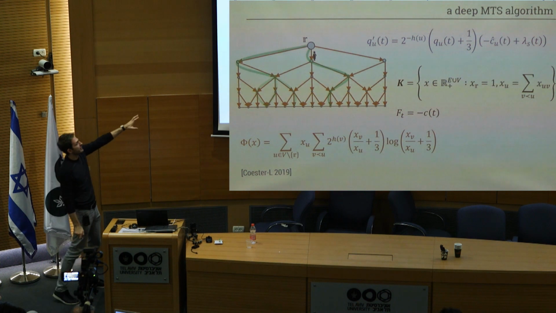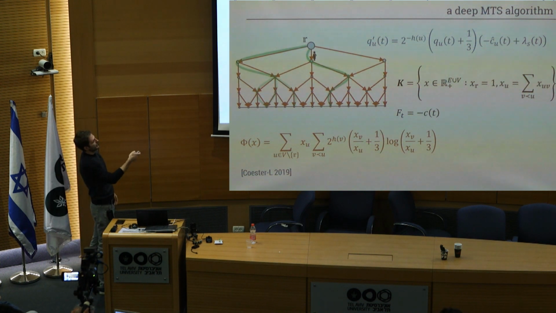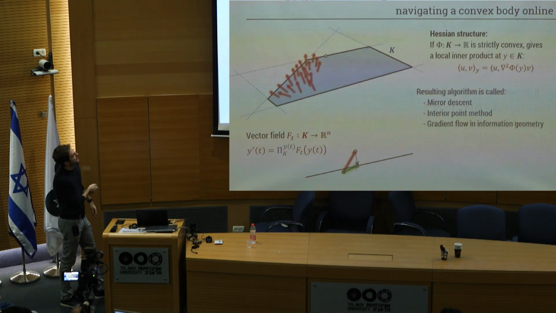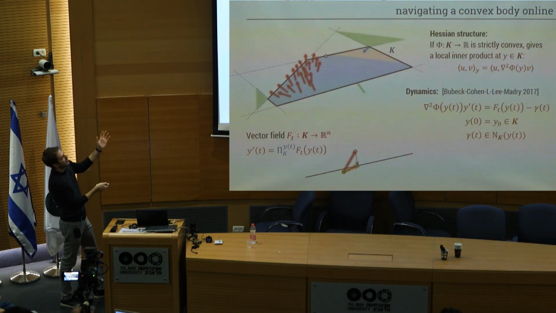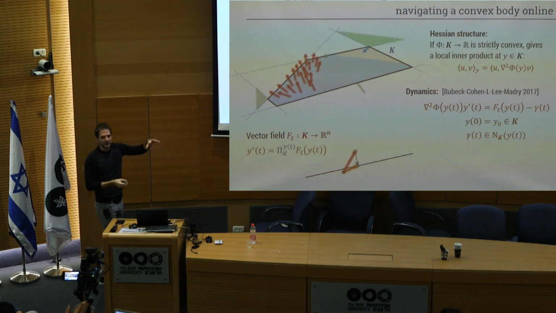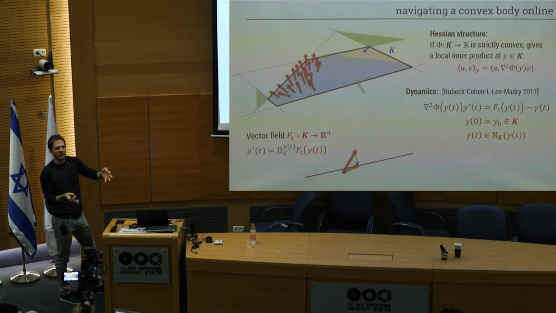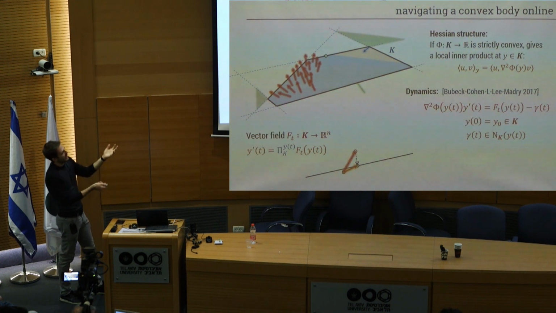But the main point here is that this algorithm looks complicated because there's a lot of symbols there, but it's the most basic thing you could possibly do. You literally just move in the direction of negative the cost function, and you have to describe how you deal with the constraints. You have to give a way of projecting when this thing tries to leave the body.